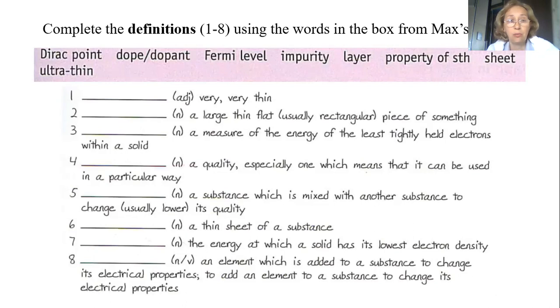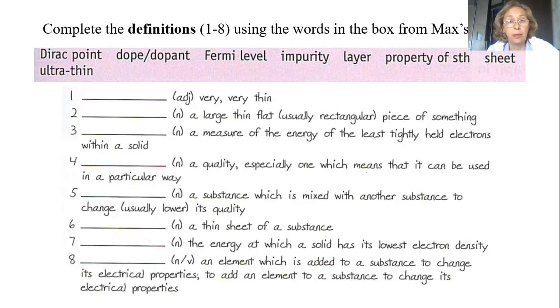Do you have any ideas of Dirac point? Знаем, что это такое? Not sure. Then dope or dopant. This is like добавка какая-то. Fermi level.